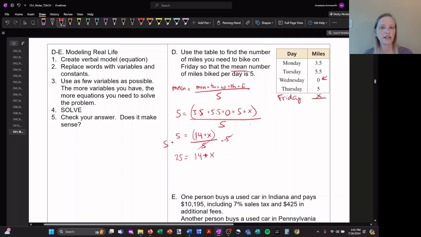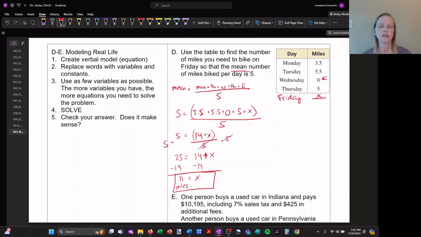And now I deal with what used to be inside parentheses here. Now I can handle the addition problem. I'm going to subtract 14 from both sides of the equation, and I am left with 11 miles for my Friday bike ride. And I should write units there, miles. Now, it's always important to check your answer to see if it makes sense.